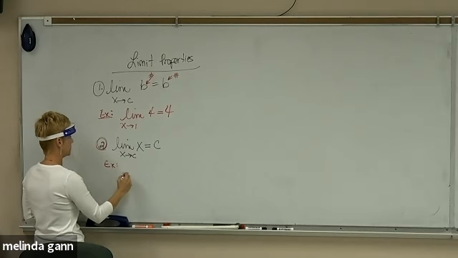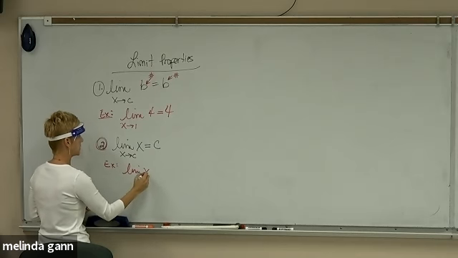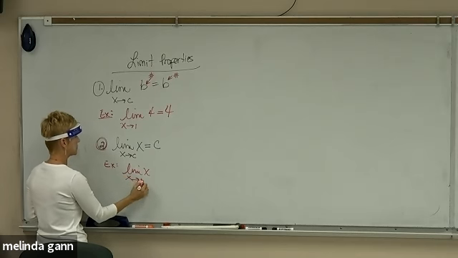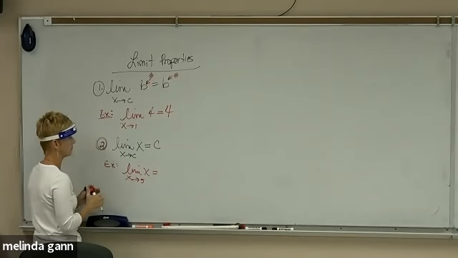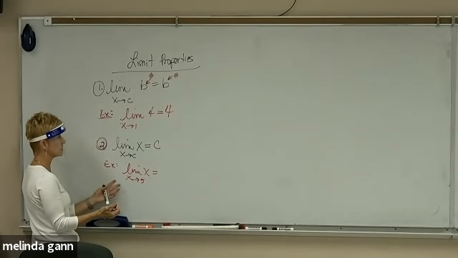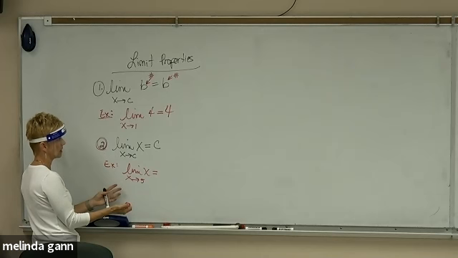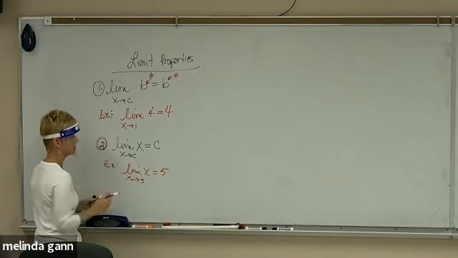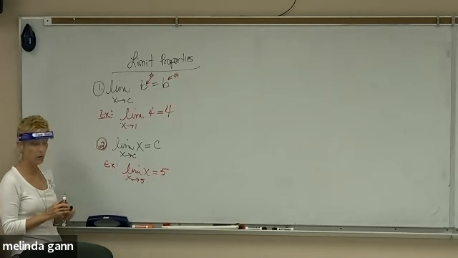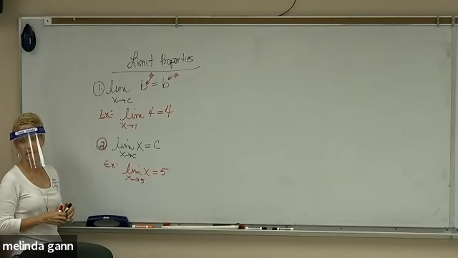So example, what's the limit of x as x approaches 5? According to this, what's it going to be? Now you write that down and let me explain it to you from the graph.